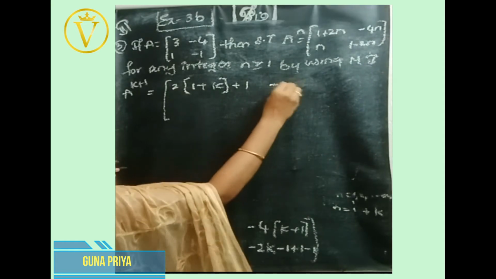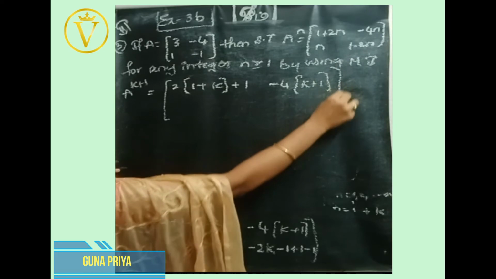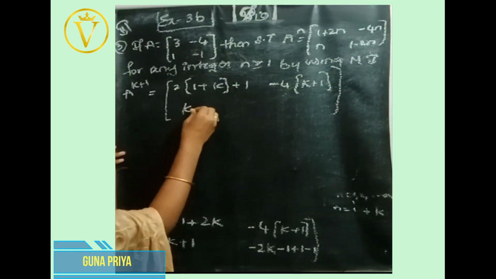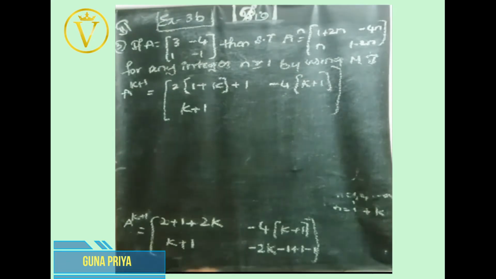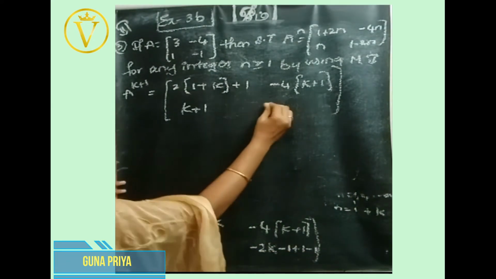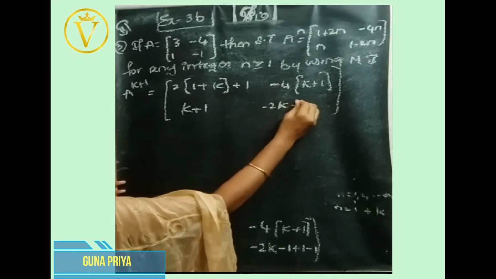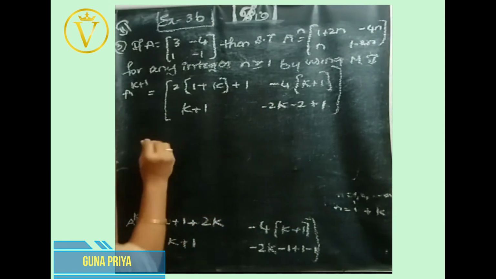Now write the same for this k plus 1. Next here k plus 1 will be the same. Here 2k, and minus 1 will be minus 2. So minus 2k minus 2 plus 1, minus 1 minus 1 minus 2.